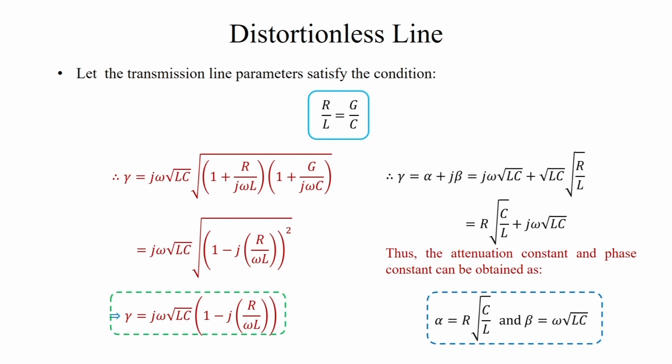So, this is a specific condition in a transmission line, and if this condition can be achieved, then there will not be any distortion of the signal.